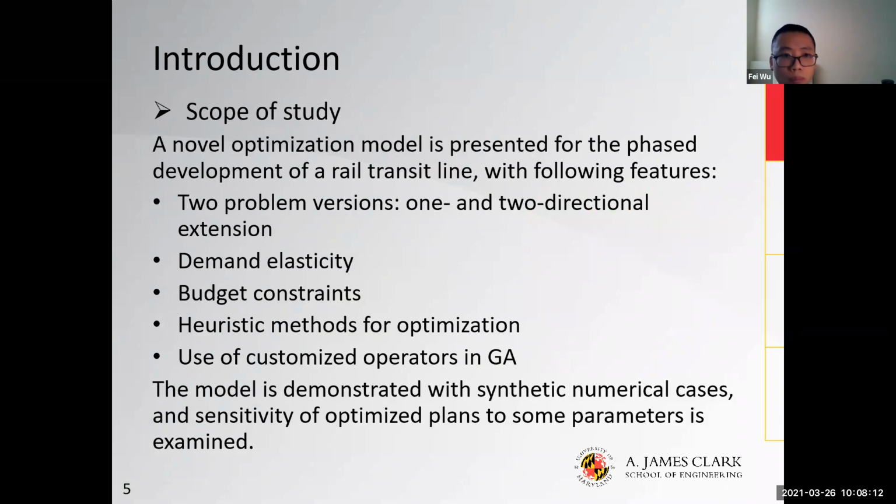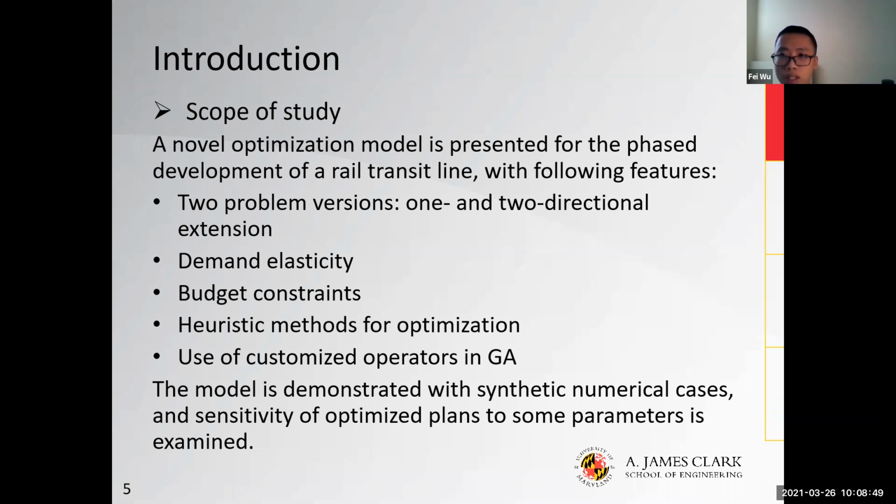So in our study, we proposed a novel optimization model for the development of a rail transit line in phases. We have the following features: there are one-directional and two-directional extensions for this problem. And we consider the elasticity of demand for calculating the consumer surplus, the collected fares, and the actual demand of passengers.